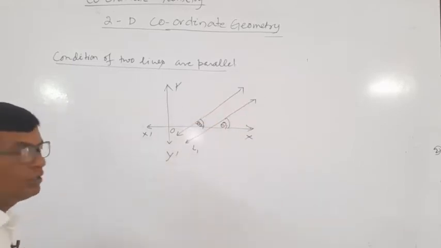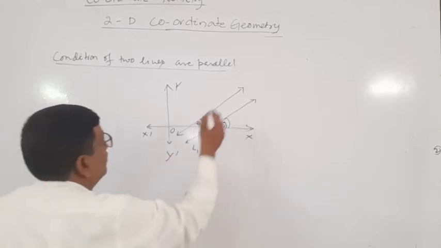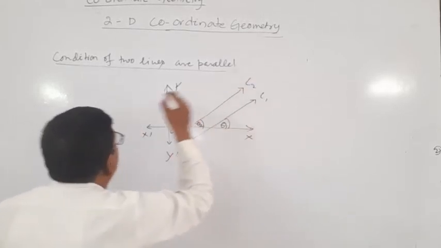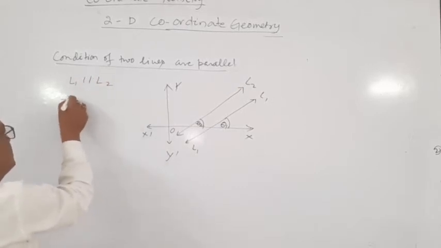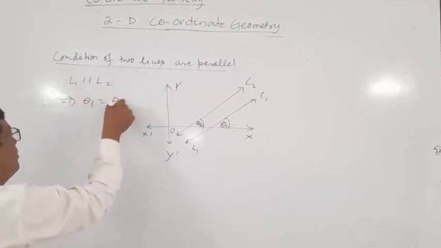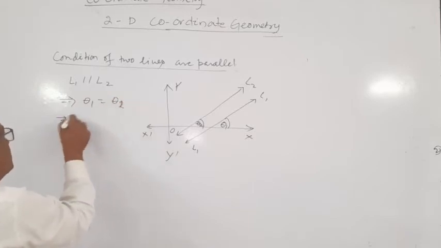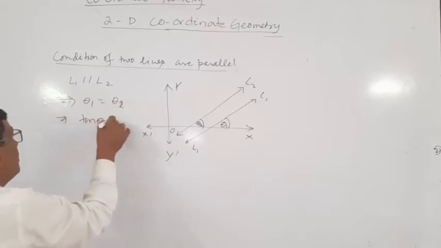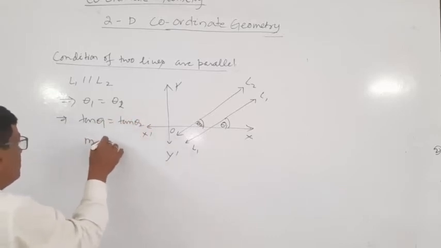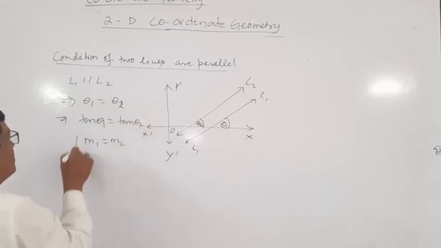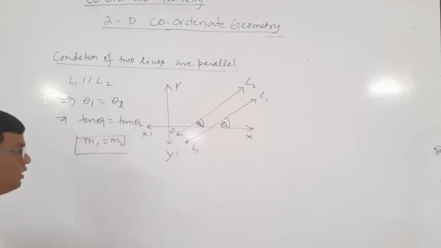From the figure, L1 parallel to L2 implies theta 1 is equal to theta 2, and that implies tan theta 1 is equal to tan theta 2. So m1 is equal to m2. This is the condition for parallelism.